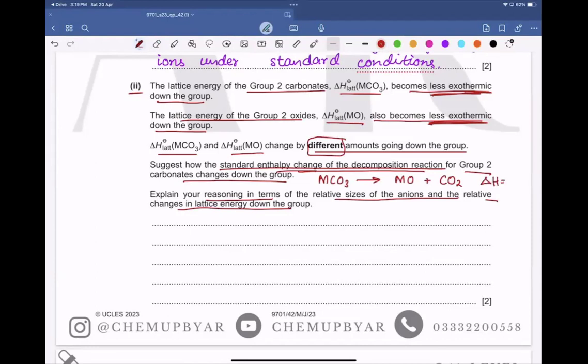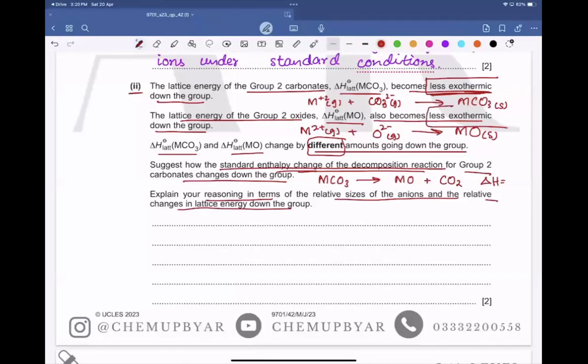And here, it's when a metal gaseous ion and a carbonate gaseous ion react to form metal carbonate solid. So this becomes less exothermic, that's what they are saying. In the same way, when a metal gaseous ion and oxide gaseous ion also form a solid, this enthalpy change also becomes less exothermic.